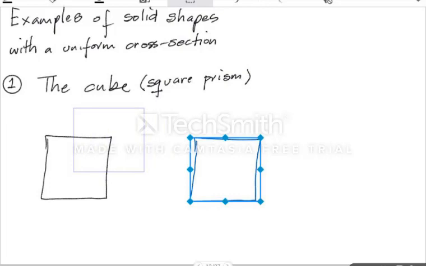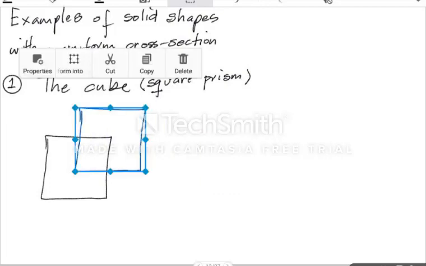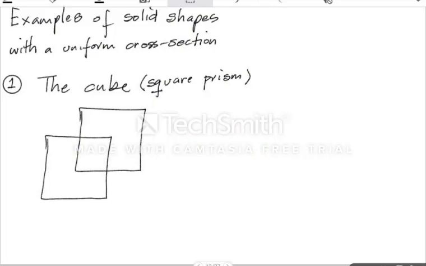Then you're going to put this square a quarter into the first square. So if you're going to draw your cube, this is how you would start out. You start by drawing a square, and then you draw a second square identical to the first, but the second square must be drawn a quarter into the first square. Then you're going to connect corresponding ends.